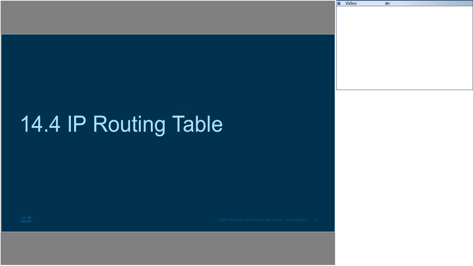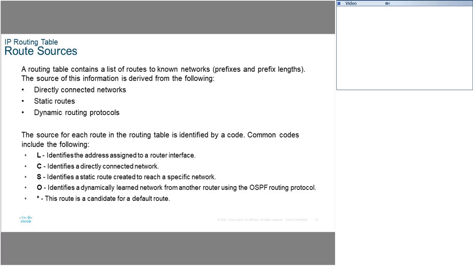Let's talk about the routing table and some of the processes we've already seen. So first of all, the routing table is built by the router, not by the routing protocol. It's built from a collection of information that it's gathered and keeps in a database of all the different possible routes, and it could learn about them as directly connected or statically configured or different dynamic routing protocols.